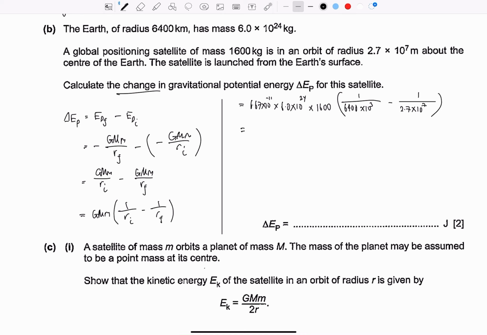So plug the numbers into the calculator, you will arrive at 7.63 times 10 to the power of 10 joules. And follow least SF, 2.7, 6.0, 2SF. So you'll get 7.6 times 10 to the power of 10 joules.